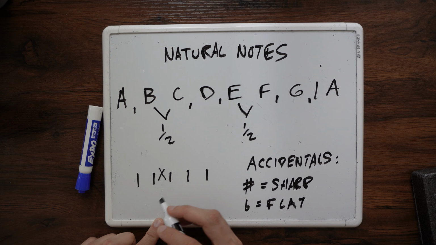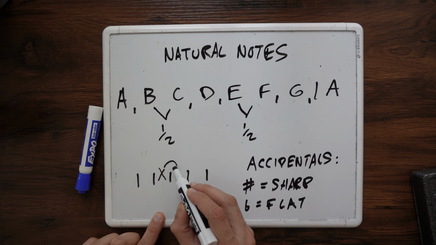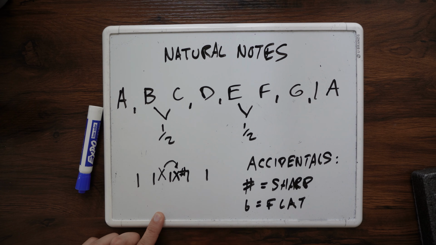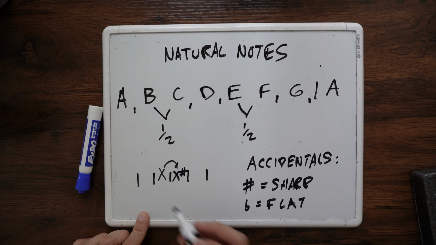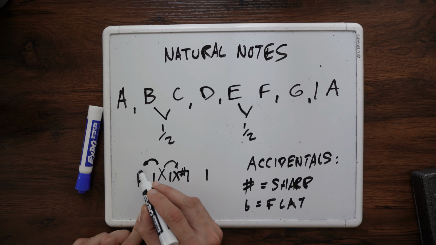If I put a sharp on it, the sharp is going to have an effect on that natural note of moving it up a half step. So X sharp is located right there. And if I put a flat on that X natural note, the flat is going to affect the note to move down a half step.